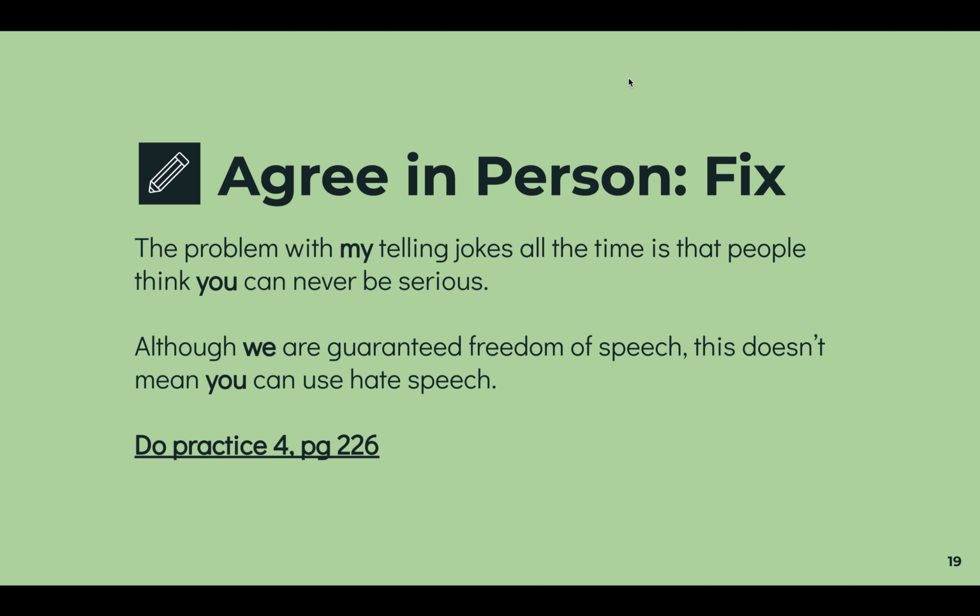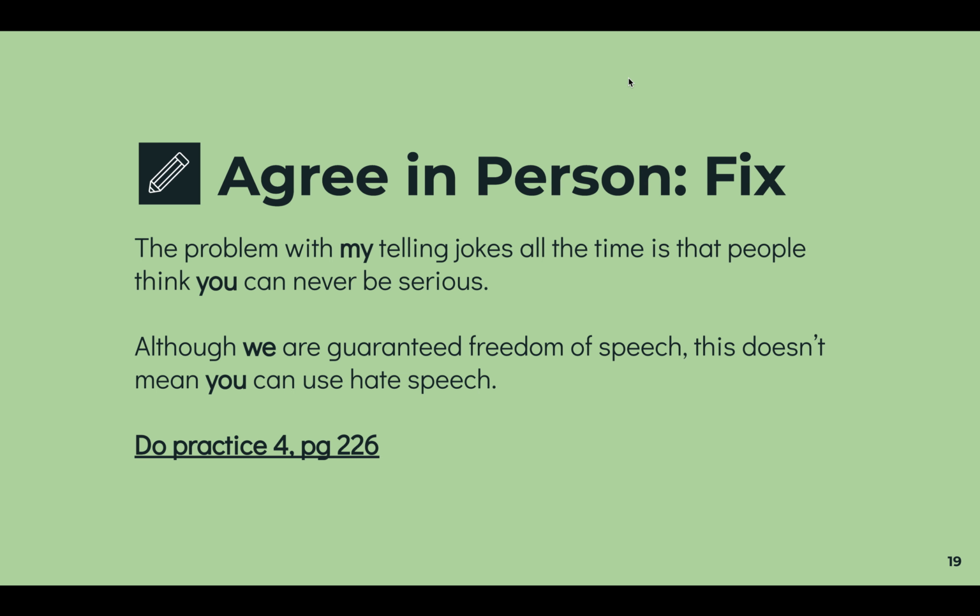The second example here, although we are guaranteed freedom of speech, this doesn't mean you can use hate speech. This is wrong because we have a first person we and a second person you. You can fix this in two different ways depending on your intent as a writer. You could say, although you are guaranteed freedom of speech, this doesn't mean you can use hate speech if your intent is to be talking to someone specifically.